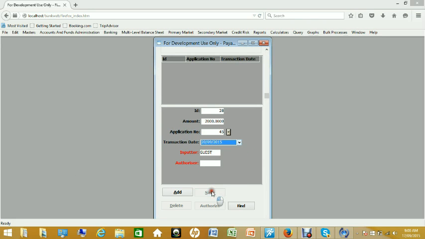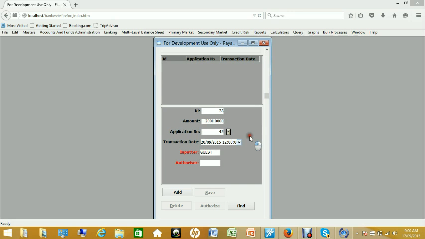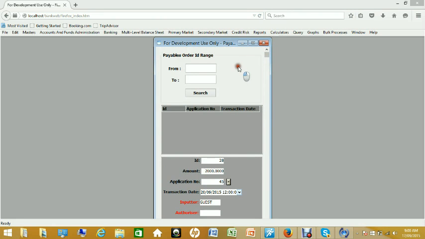Let's save a record. Saved successfully. So this finishes the B2C process as well. So now let's generate the EOD basically. So first of all, let's check whether these 3 transactions have been saved or not. So 26 to 28.